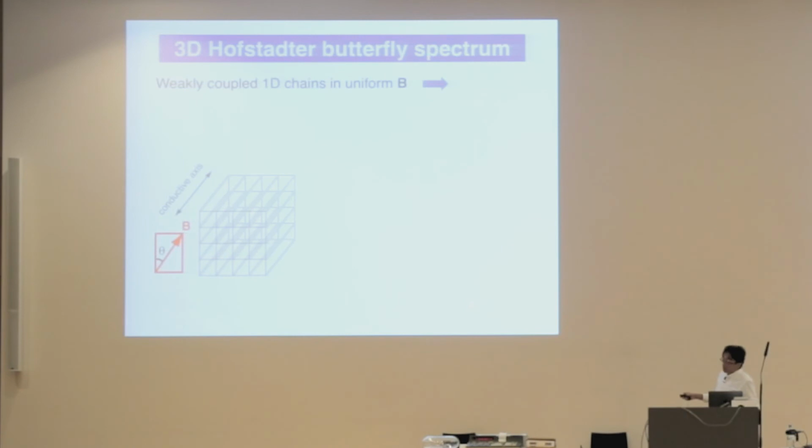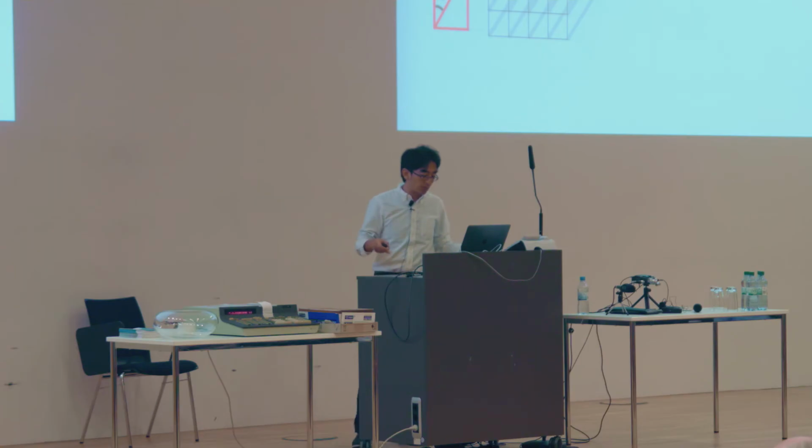But this is very, very anisotropic. It is very conductive, so say the hopping is very strong in this direction, but different chains are weakly coupled. For example, you can think about a tight binding model where the hopping integral is biggest in this direction, but perpendicularly it's just 10 times smaller or something like that.